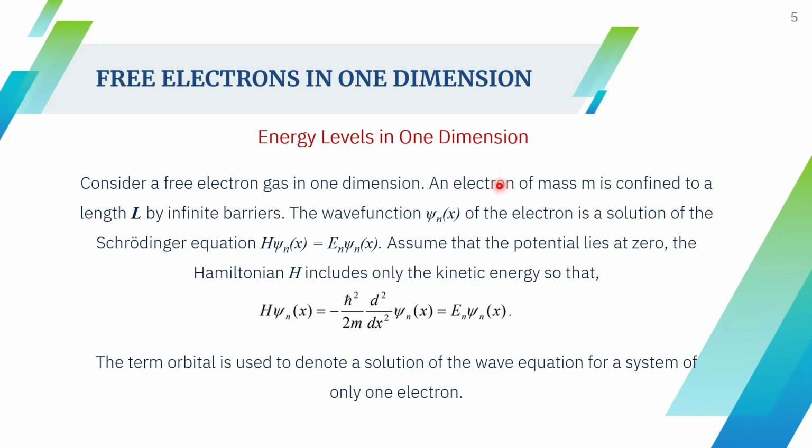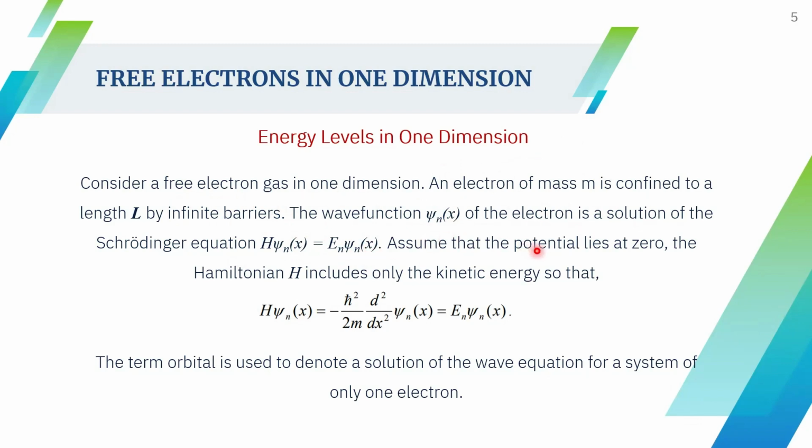Here, an electron of mass m is confined to the length L by infinite barriers. We'll be seeing a detailed explanation in the later figures also. The wave function ψn(x) of the electron is a solution of the Schrödinger equation, Hψn(x) = Enψn(x).